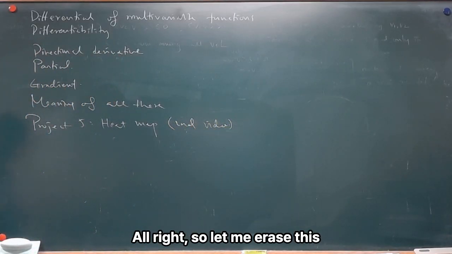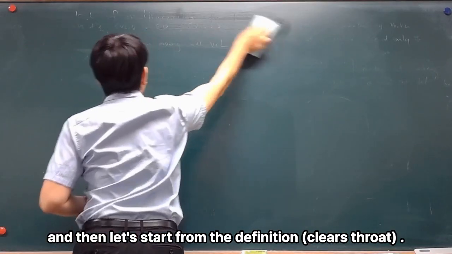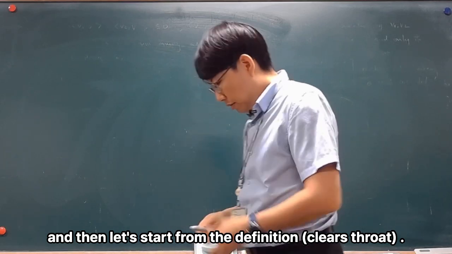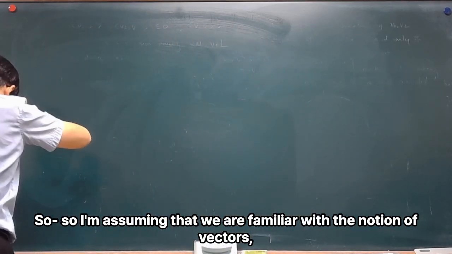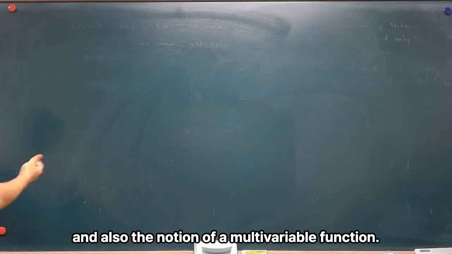All right, so let me erase this and then let's start from the definition. I'm assuming that we are familiar with the notion of vectors and also the notion of multivariable functions.